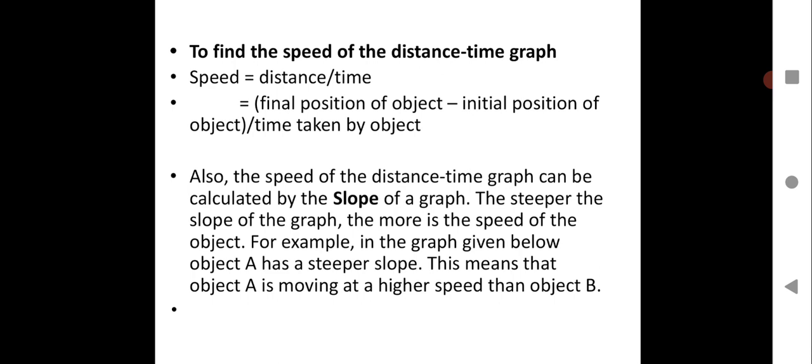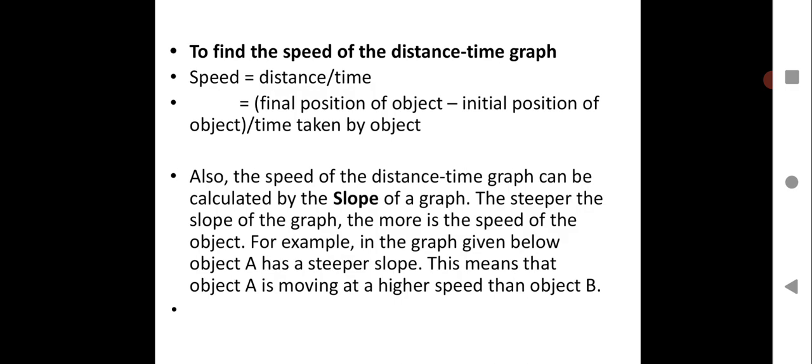So by looking at the graph, you can easily make out what the speed is and what type of speed, uniform or non-uniform. For example, in the graph shown below, object A has a steeper slope. This means that object A is moving at a higher speed than object B.